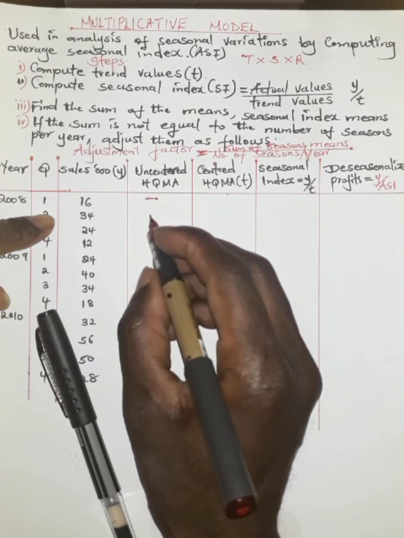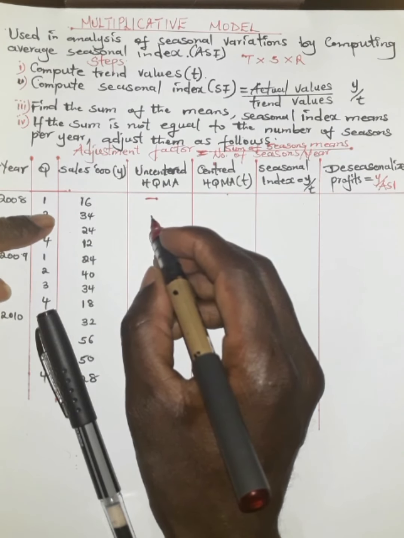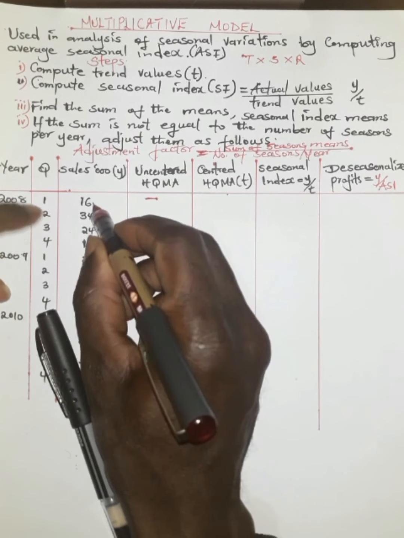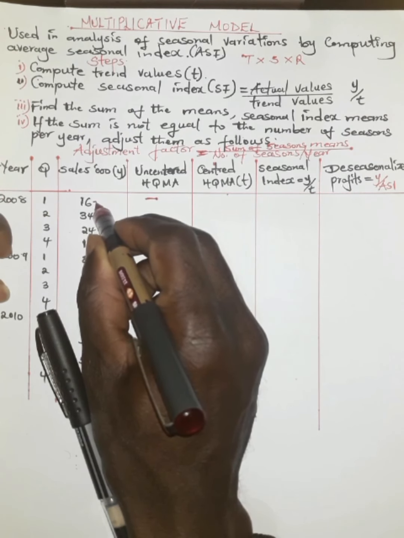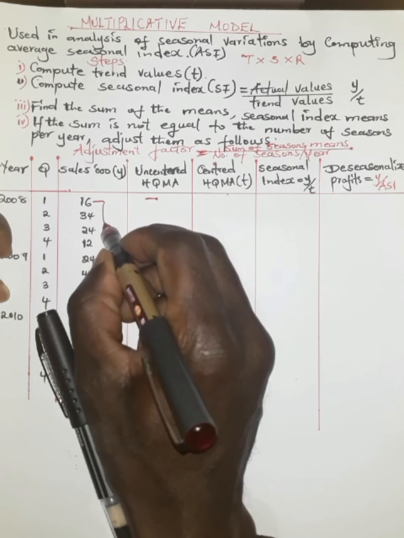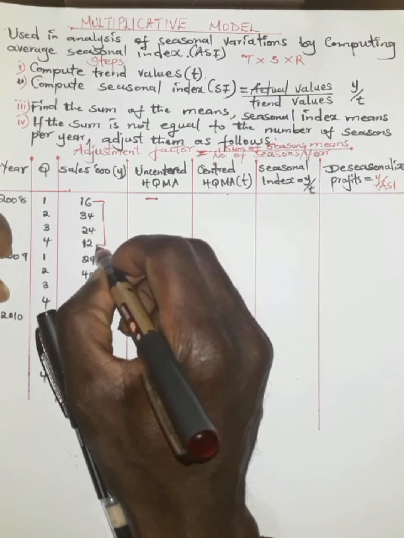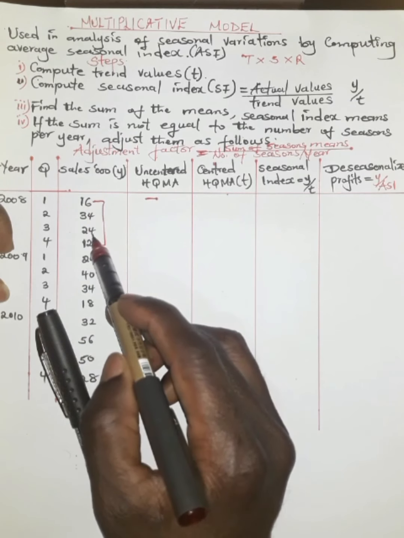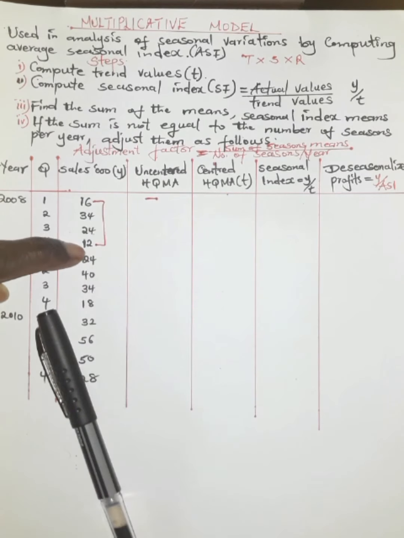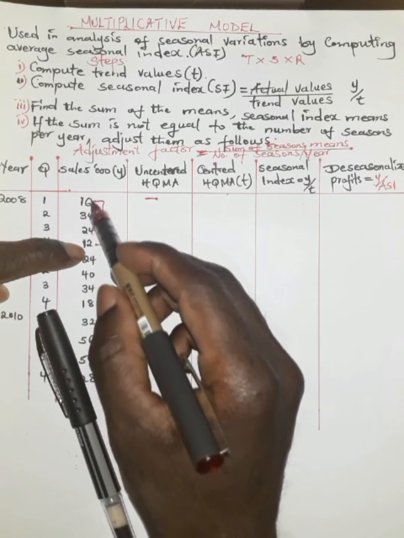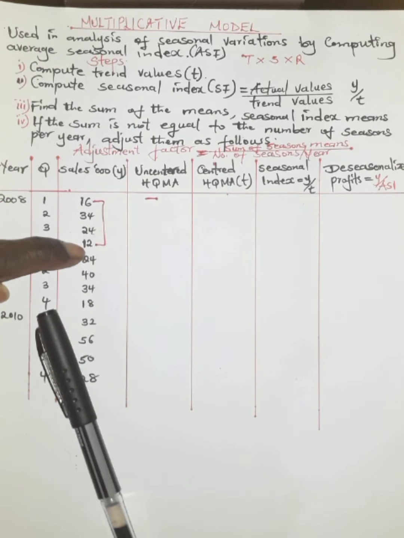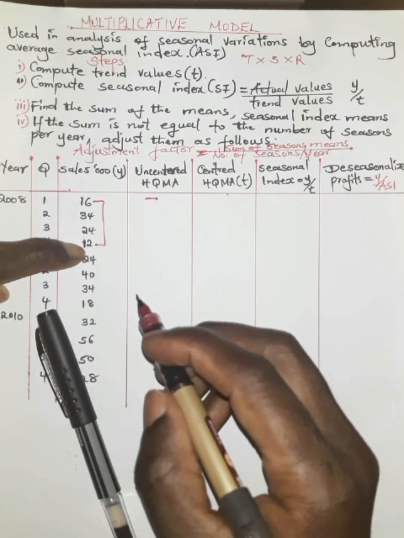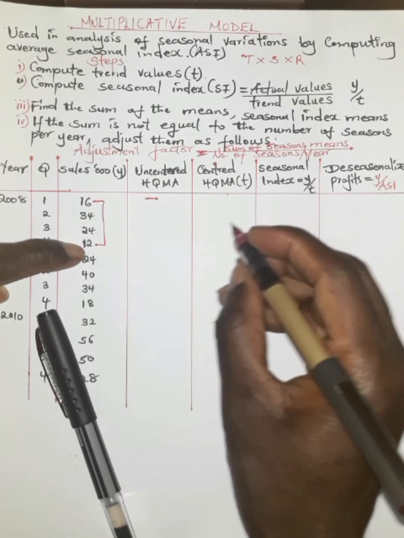When you talk about the uncentered 4-quarter moving average, we sum these first 4. When you add 16 plus 34 plus 24 plus 12 and divide by 4, because there are 4 items, you get a value of 21.5.